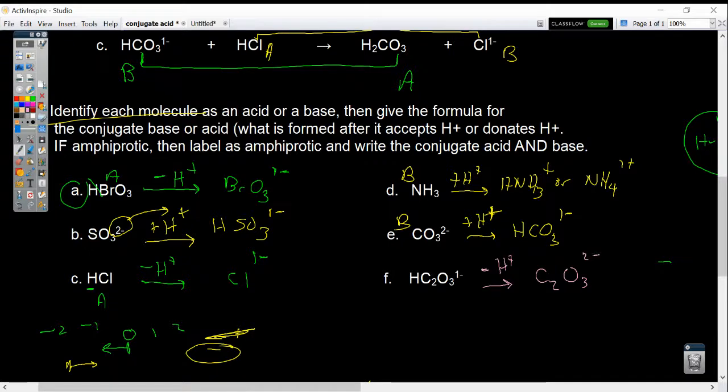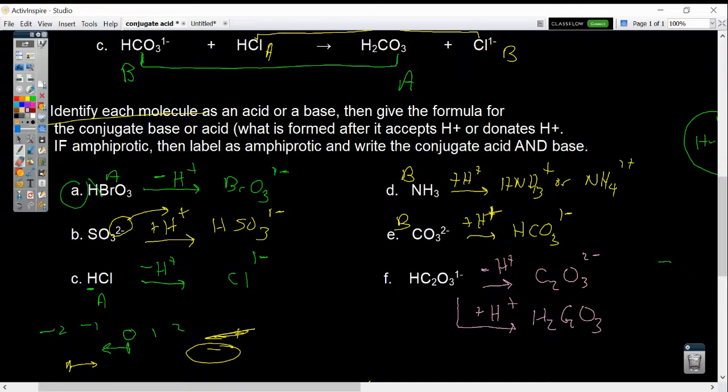And at this point, or perhaps earlier, you noticed it was negative, and things that were negative were bases. So you hesitate and go, oh crap, maybe I'm wrong. Maybe it's a base. I should add an H positive, in which case I have H2C2O3, and a negative and a positive make neutral, so it's neutral.